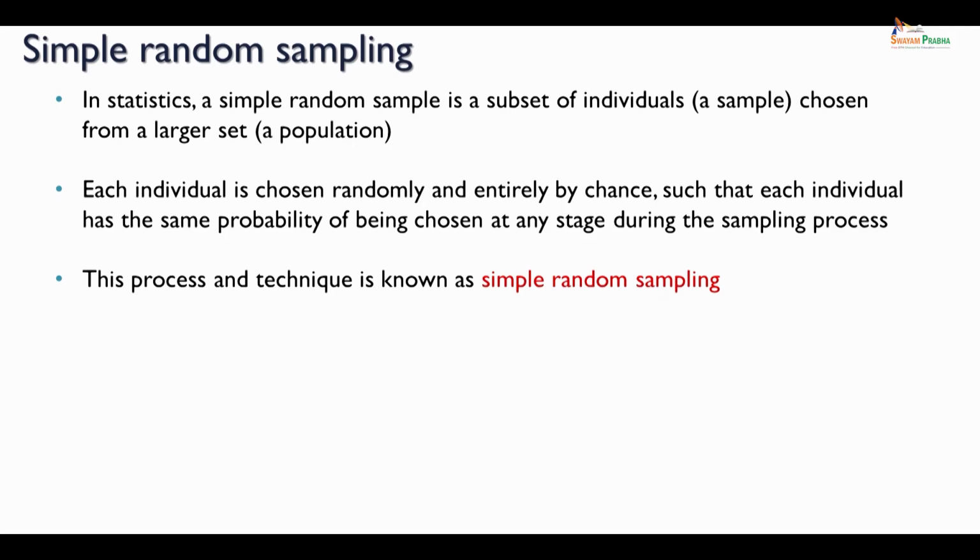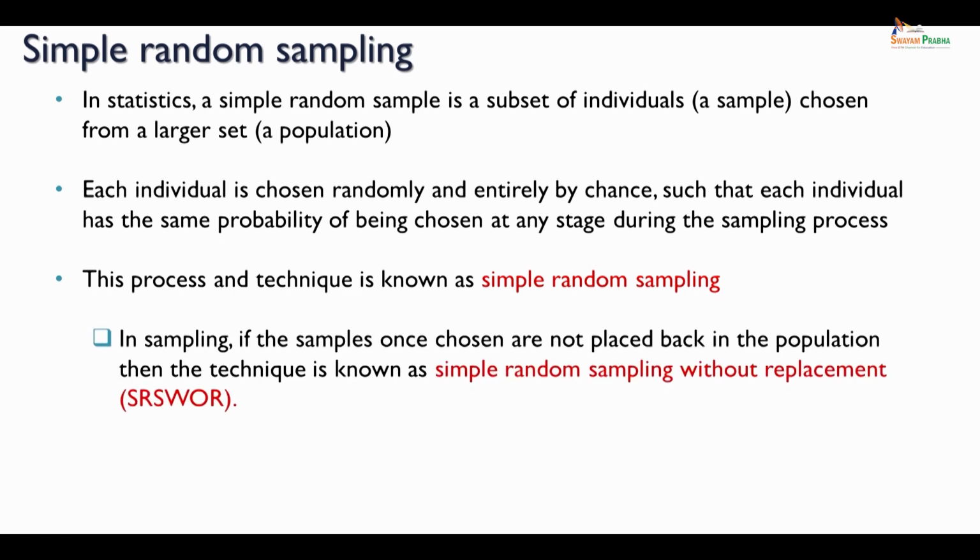So, if we draw samples from a population entirely by chance, by giving equal chances to all the individuals in the population, then we mean simple random sampling. But this can be done in several ways. Simple random sampling without replacement is when, during the sampling, the samples once chosen are not placed back in the population.